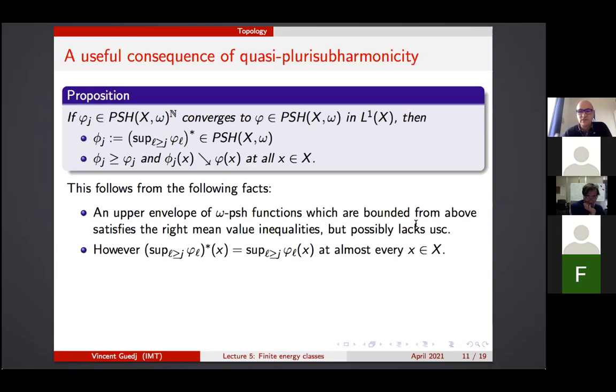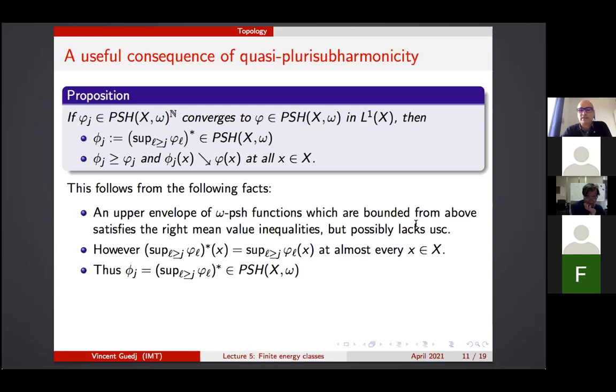And once again, this second fact is a consequence of the mean value inequalities. When you write down the mean value inequalities, then the mean value is actually continuous in the point. So what you get is something which decreases almost everywhere towards the supremum.